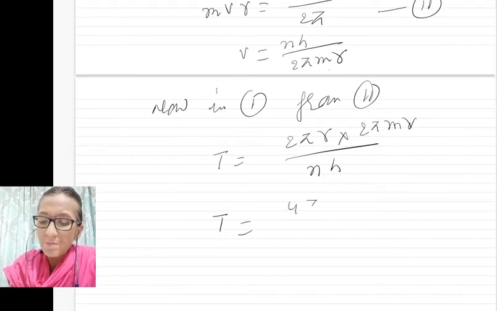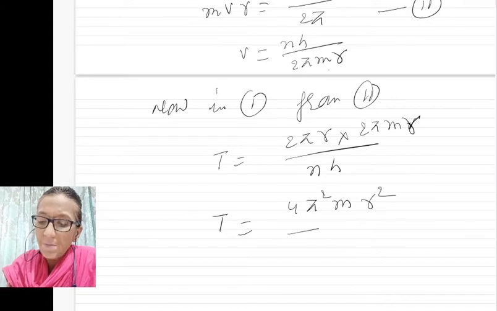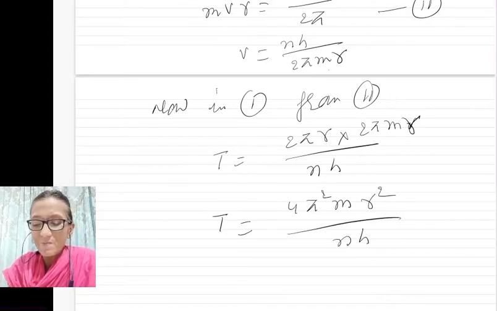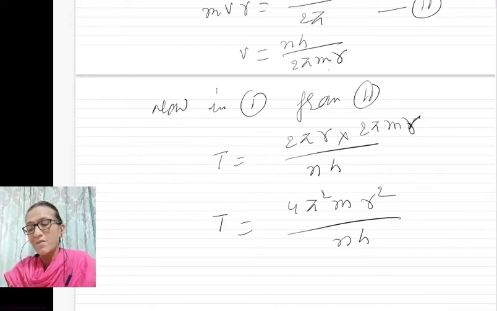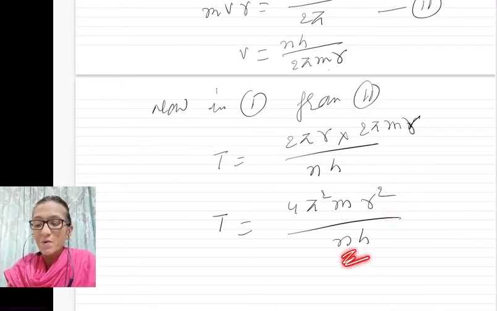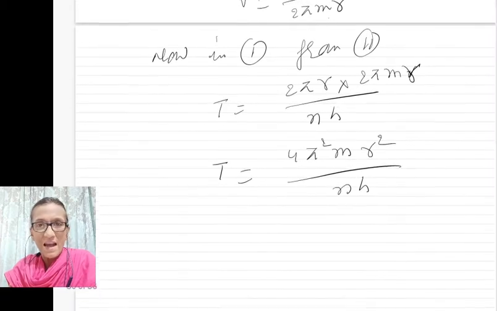Time period comes equal to 4 pi square m r square upon nh. Now we still have to convert this r into terms of n.